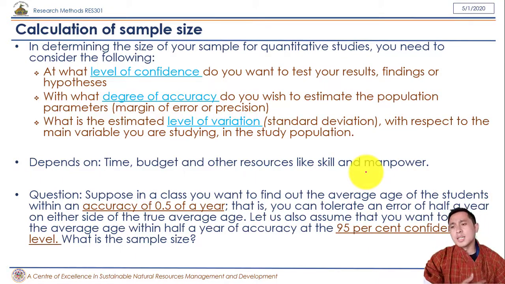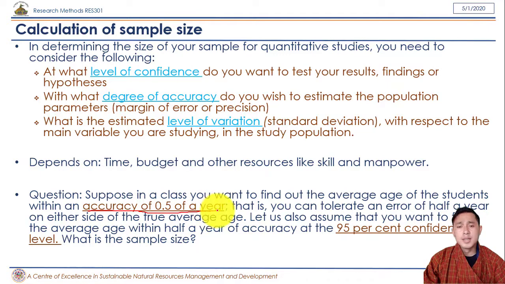Suppose in a class you want to find out the average age of the students with an accuracy of 0.5 of a year. Let's say there are 41 of you, and I want to choose a number of samples to do this research on average age.